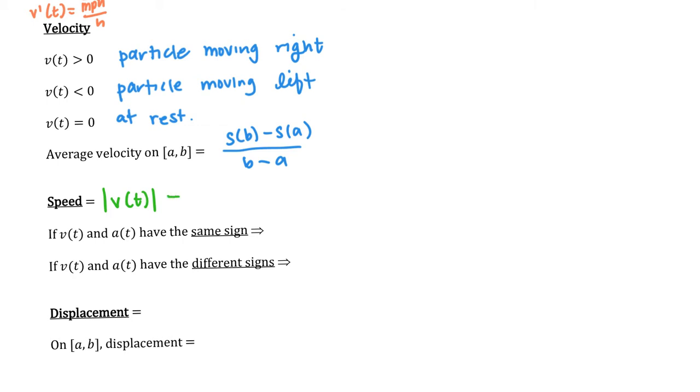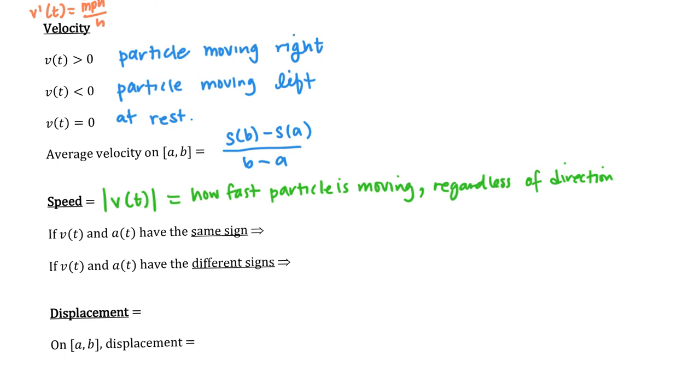So speed is just saying how fast the particle is moving, regardless of direction. On the x-axis, this isn't going to tell me if it's going left or right. It's just going to tell me how fast it's going in some direction.